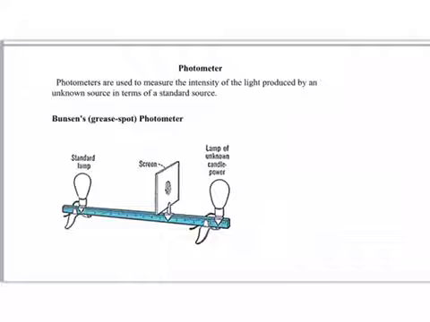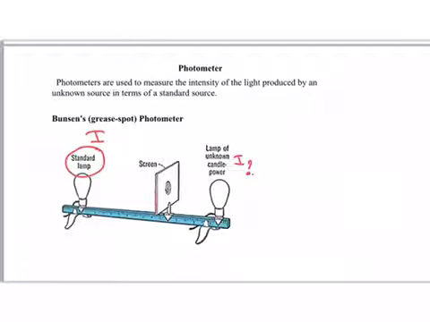Now we use a photometer to measure the intensity of the light produced by an unknown source in terms of a standard source. We have a standard lamp here, which means that we know its light intensity, and this is an unknown light source.